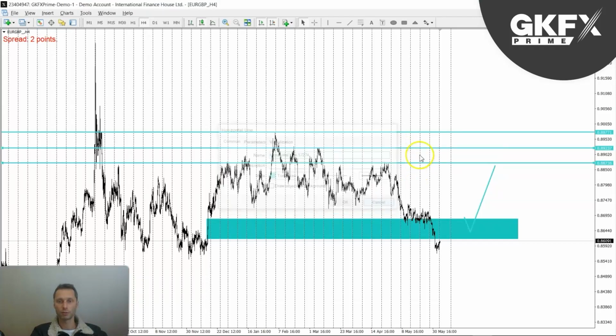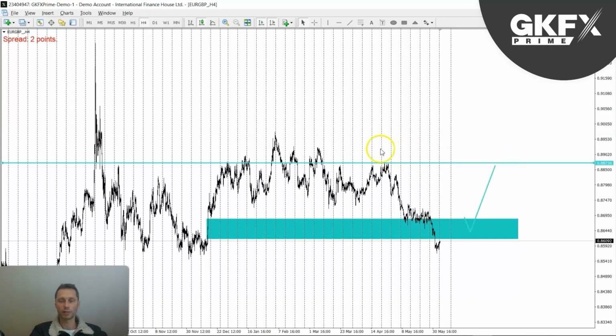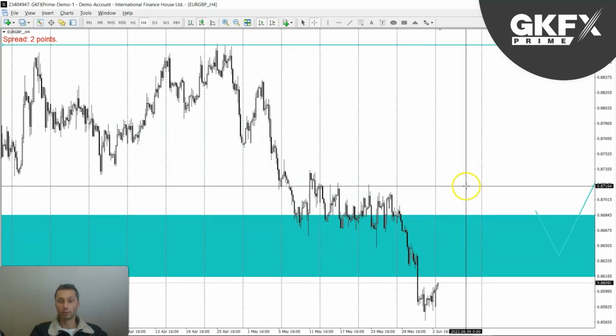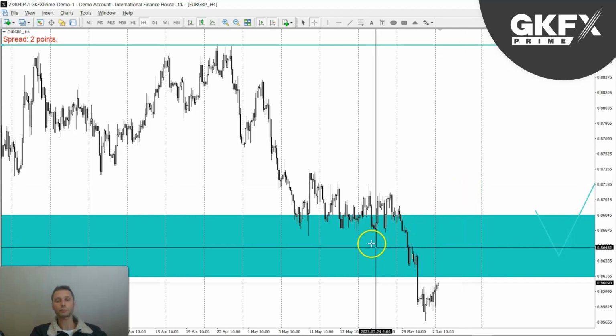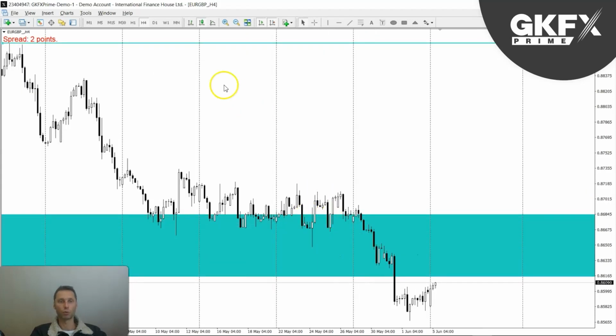Now, just to make it simpler, because we're quite a way away from there, so that the chart is a bit cleaner. Still looking at that level. However, we have now gone through and beyond this area that I marked out, which I wanted a reversal from. I was thinking, well, if the market is going to do that, then I would want to trade it, but it did not. This looked like a brief reversal, but the price action was weak.